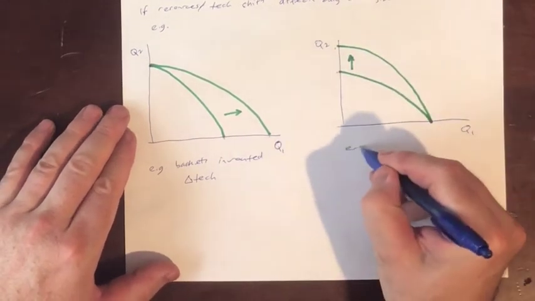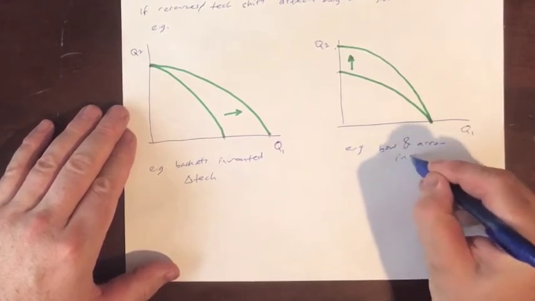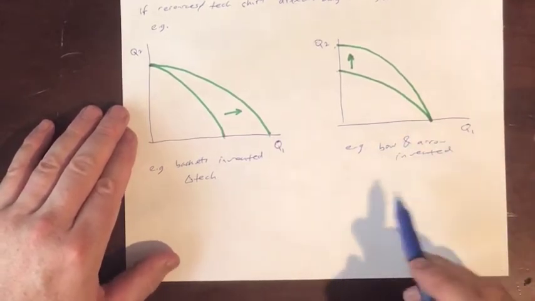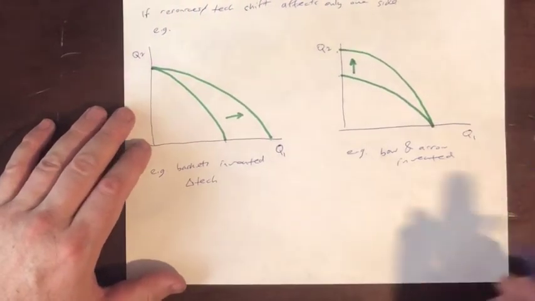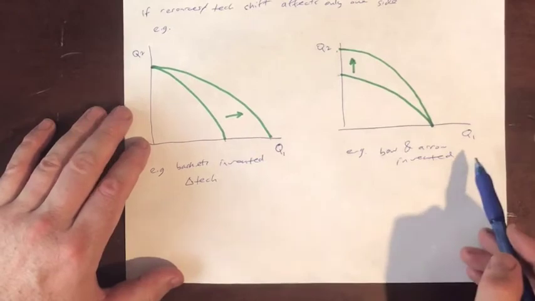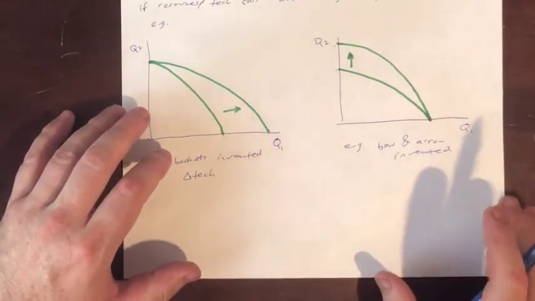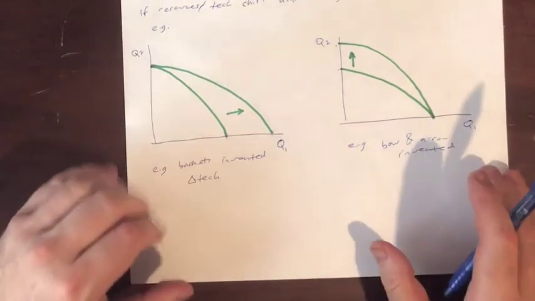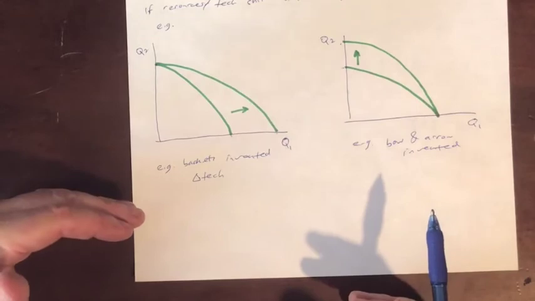So this would be like the bow and arrow being invented, let's say. Again, not very helpful for gathering, but very helpful for hunting. So Q2 is the meat and Q1 is berries. If we have only a change on one side, we're going to have a shift in this manner.